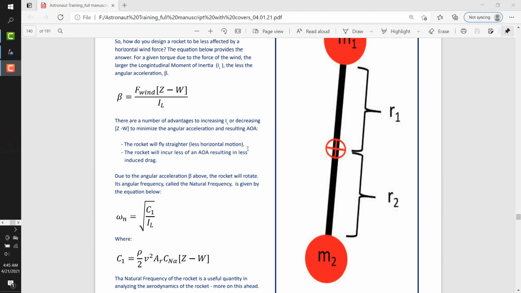There are a number of advantages to increasing the moment of inertia to minimize this acceleration and the resulting angle of attack: the rocket will fly straighter, so it will have less horizontal displacement, and the rocket will incur less drag.